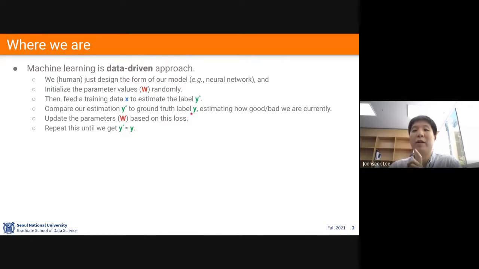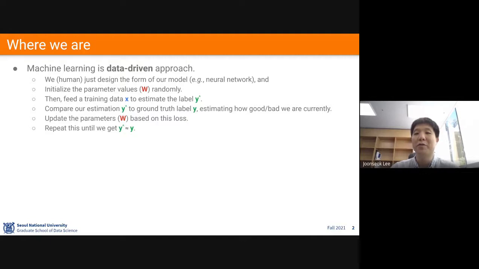We estimate the label, which is called y hat, and we compare the difference between them, which we call the loss function. Then we update the parameters w based on that loss, and we repeat this until we have correct predictions for most of those examples. This is the general framework of machine learning.